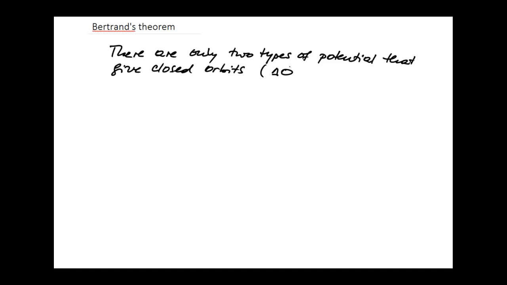So if delta phi is n times pi, where n is a natural number. The first type of potential that gives a closed orbit is the harmonic potential. So the potential is proportional to distance squared.